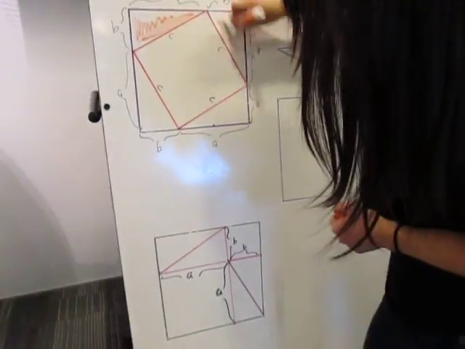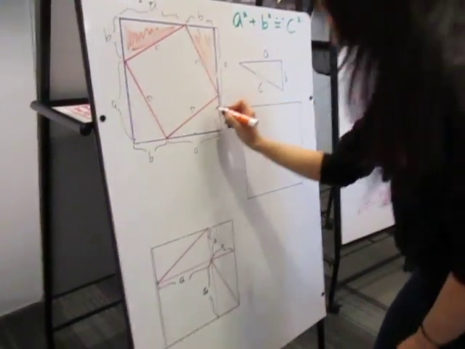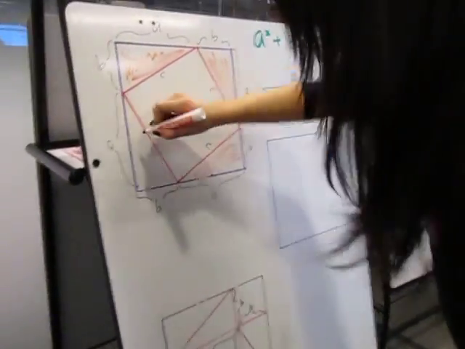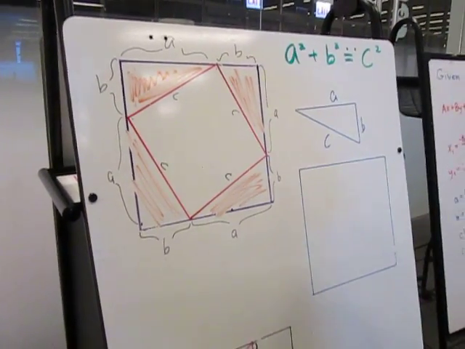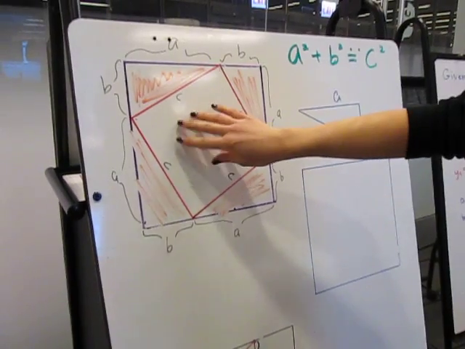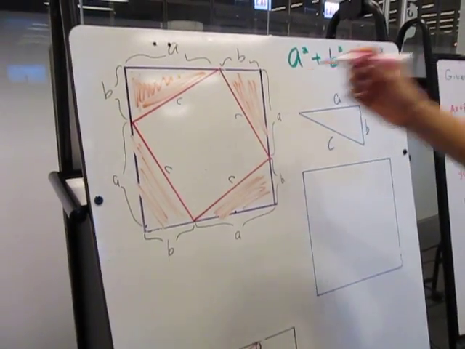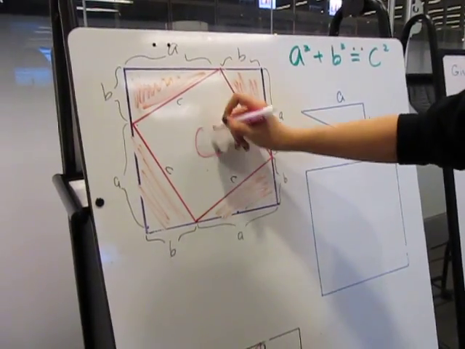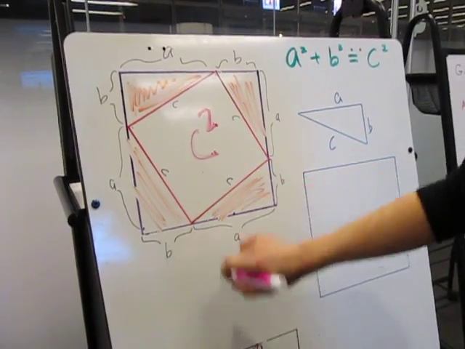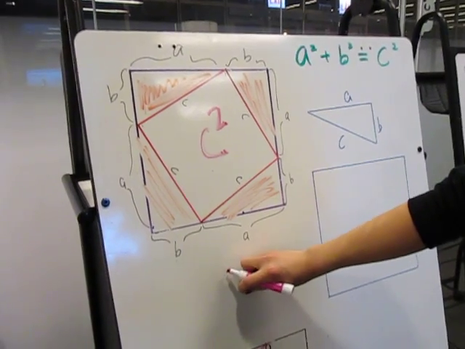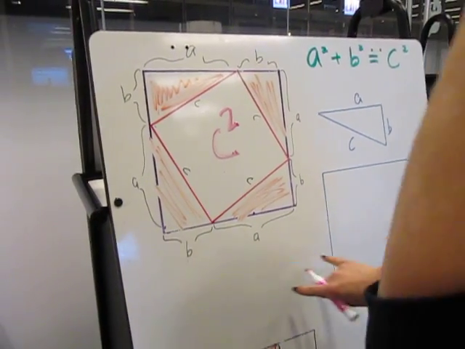Here, this is 1, and this is 2, and this is 3. Last one, 4. As we can see, the area of the empty space in the middle is going to be c squared. It's based on the equation of the area of a square.